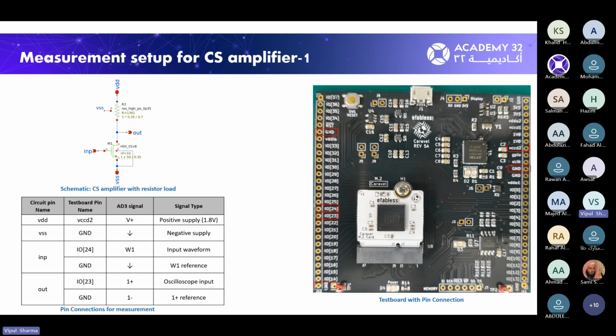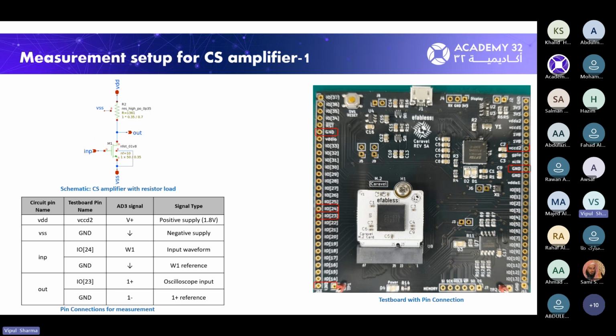Wherever you see ground on this test board, these are all shorted. So this complete board has a single ground. Even if you are seeing different pins here, all these are shorted. So this becomes a reference ground plane for both your board and your AD3 measurement, because for making the correct measurement, the ground should be the same.